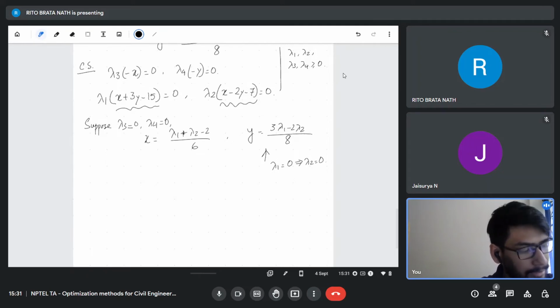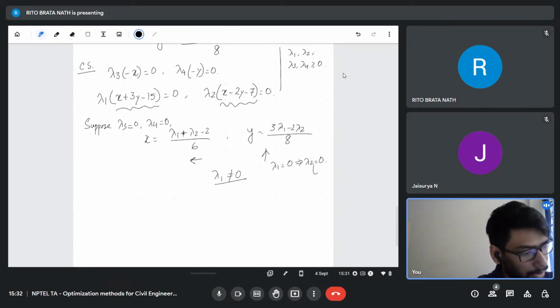But in that case, what happens? If your lambda 1 and lambda 2 are 0, your x becomes negative. So that cannot happen. So you can say for certain that lambda 1 is not 0 in this setup. So lambda 1 is not equal to 0 when lambda 3 and lambda 4 are both 0.